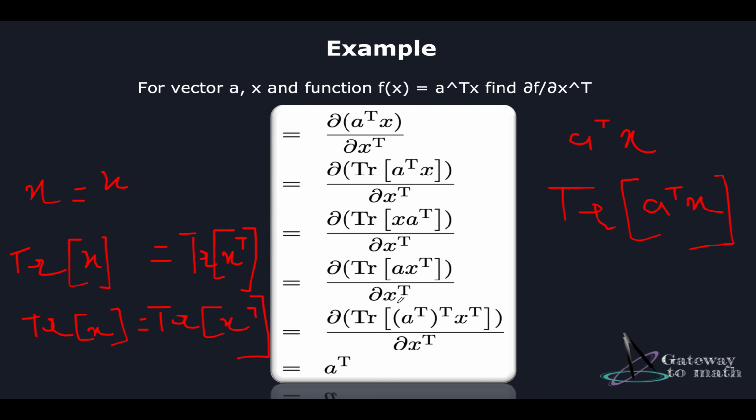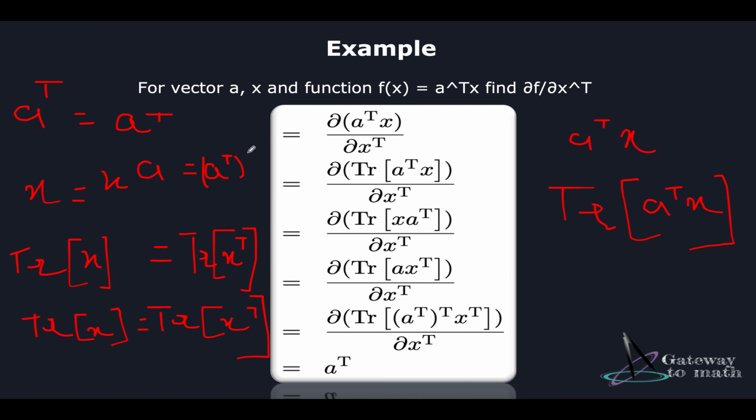Again, we are finding the partial derivative with respect to transpose of x. Now, as per the transpose rule, if you have a transpose, this can be represented simply as a of transpose. But if you have a, then you can write this as a of transpose of transpose.